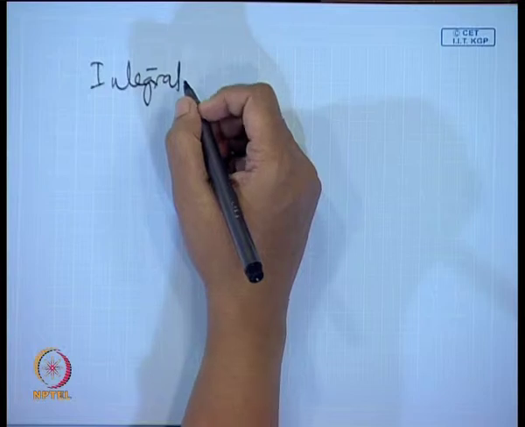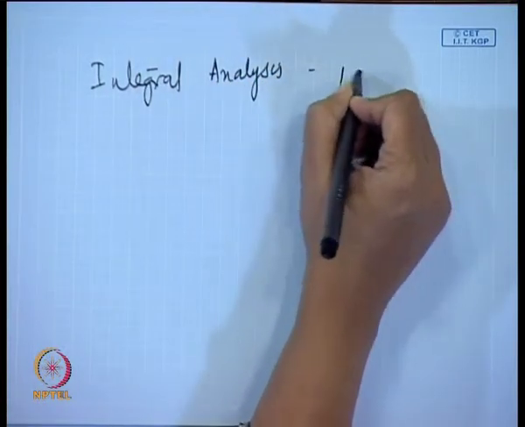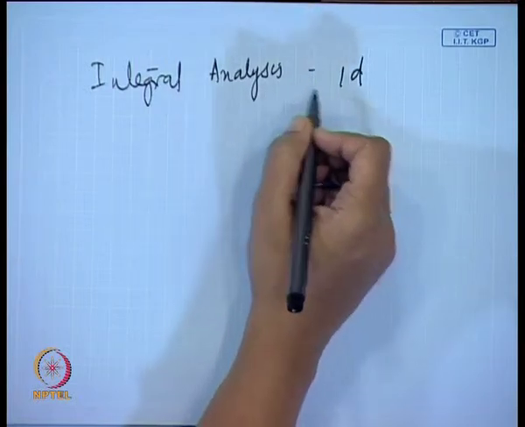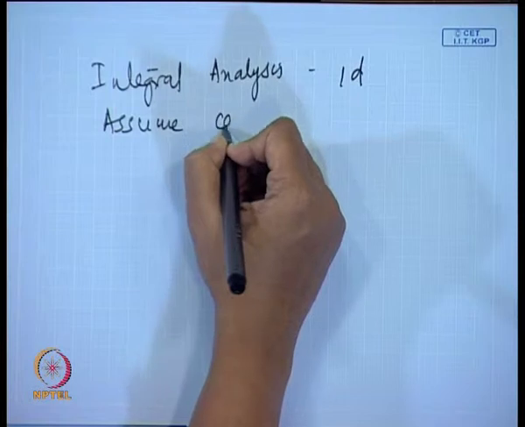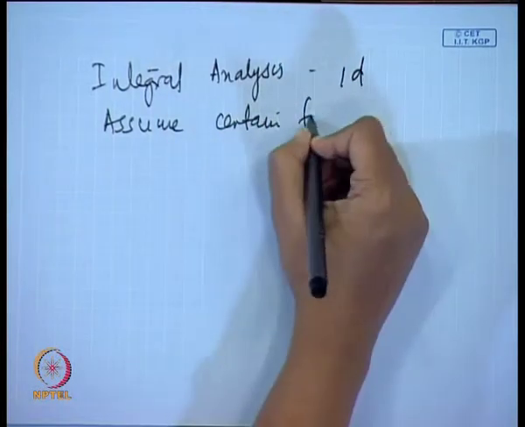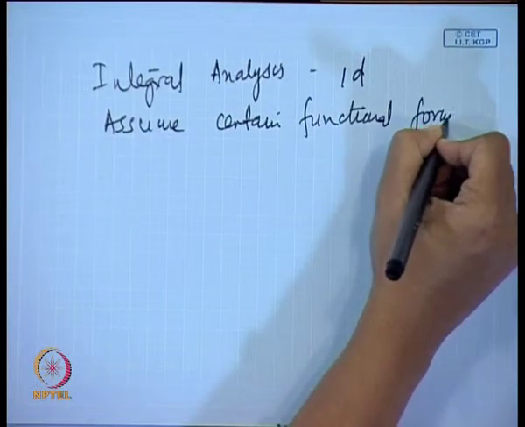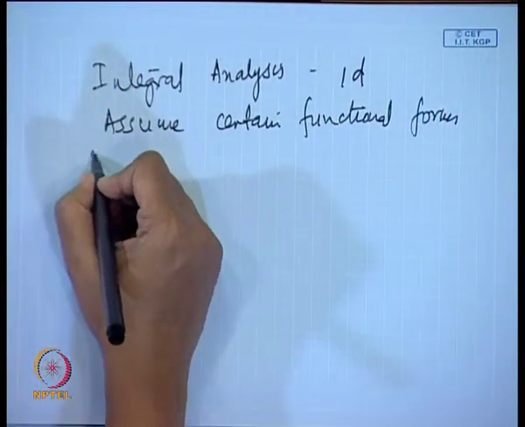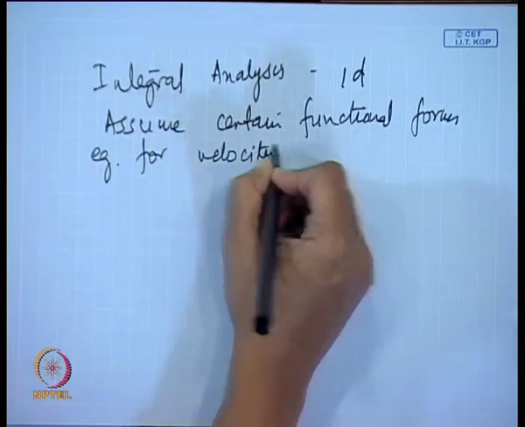In integral analysis, what do we do? Usually it is a one dimensional flow analysis, and what we do? We first assume certain functional forms, for example, for say velocity and concentration profiles.